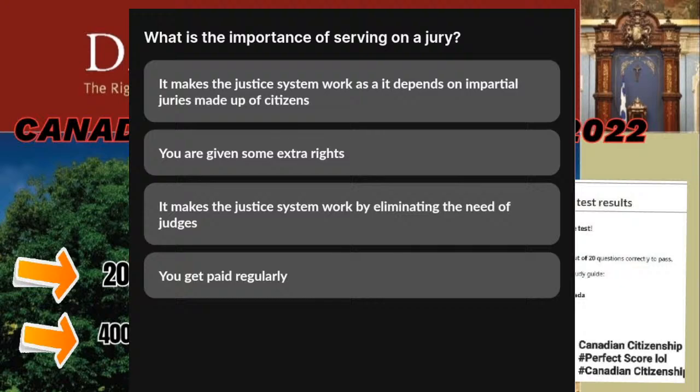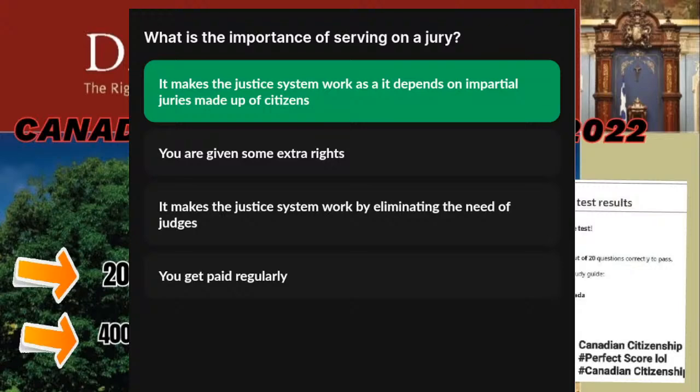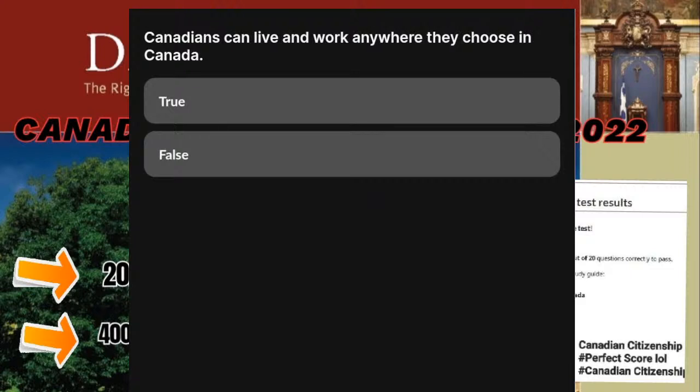And the answer is it is A. Next question. Canadians can live and work anywhere they choose in Canada. Is it true or is it false? And the answer is it is true.